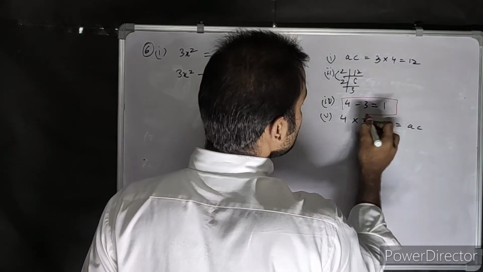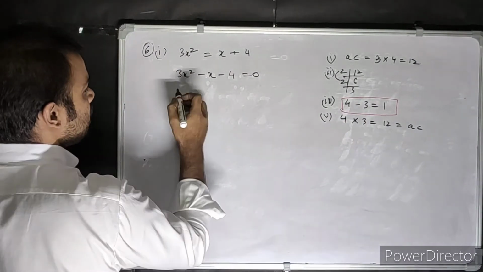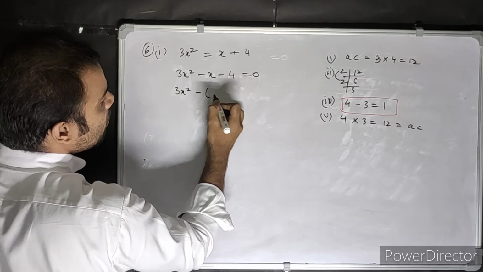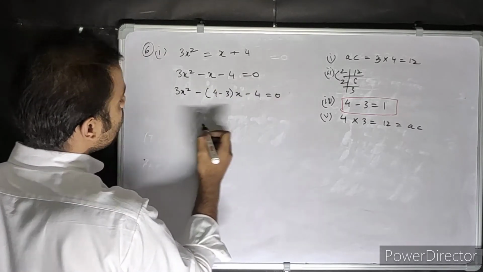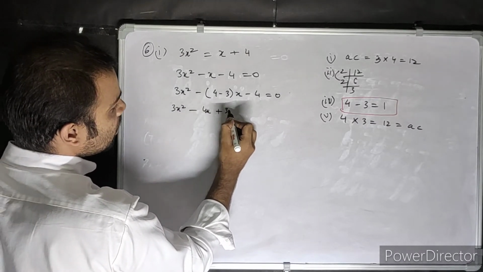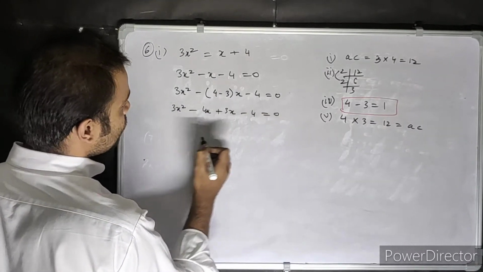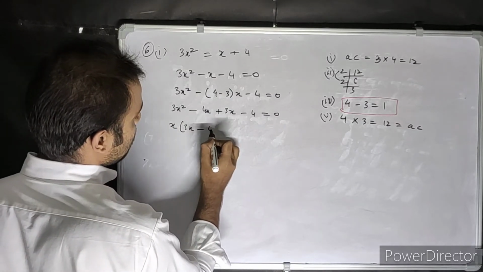Next, you start with the third step. 3x square minus 4x plus 3x minus 4 equals 0. From here x common, 3x minus 4.